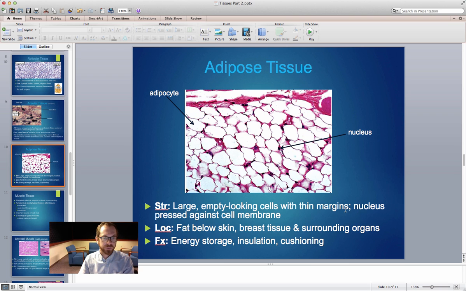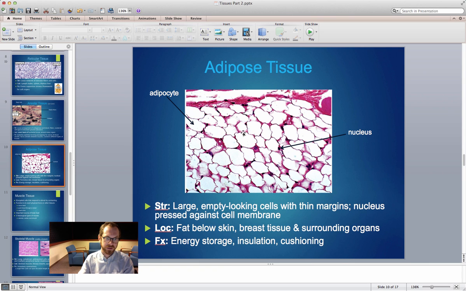Then our final connective tissue is called adipose tissue. And adipose means fat. So this is fatty tissue. The structure of this tissue is large, empty-looking cells with thin margins. And the nucleus is pressed against the cell membrane.